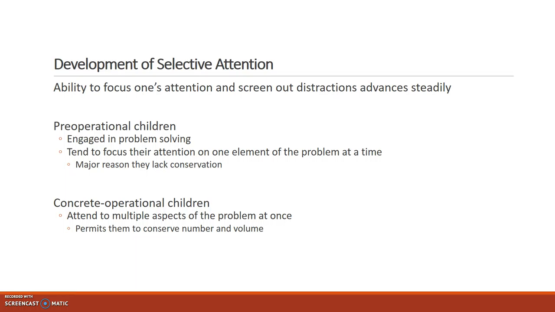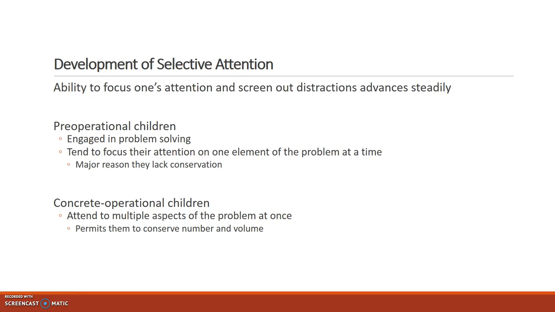All right, so first let's talk about selective attention. Now, selective attention is our ability to focus our attention on one thing and basically ignore distractions. Now, this advances steadily throughout this period. In pre-operational kids, the level before this, they are engaged in problem solving, and they tend to focus their attention on just one element of the problem at a time.